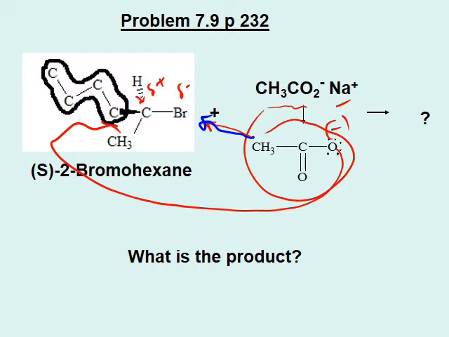So in order to avoid that, CH3COO minus goes to the back, or farthest away from the leaving group, in this case Br, and that's how the product is formed. And we already know how to predict that product, because the leaving group would completely be gone and CH3COO would be attached to that carbon.